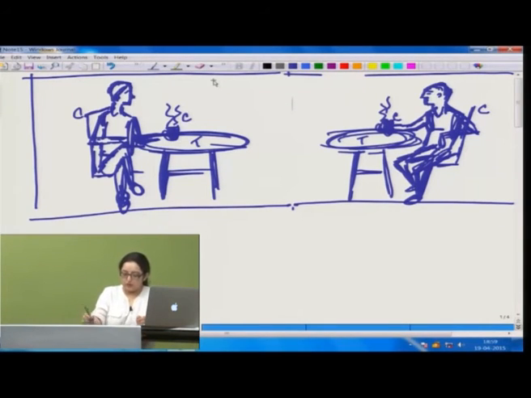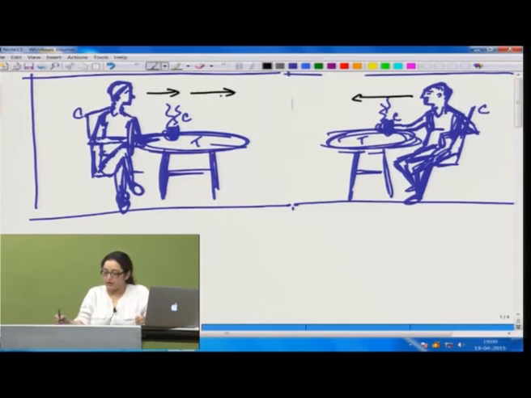So, we can clearly make out that this person is looking at this direction and this person is looking at this direction.